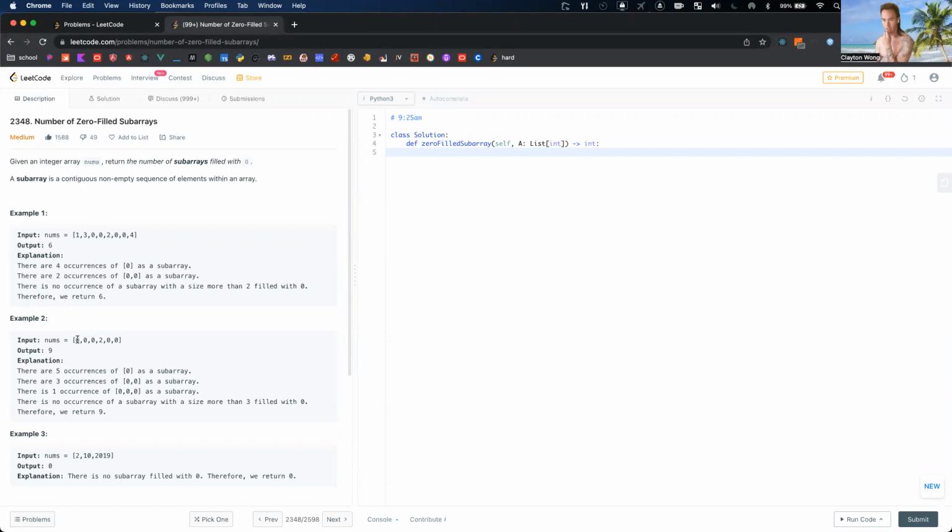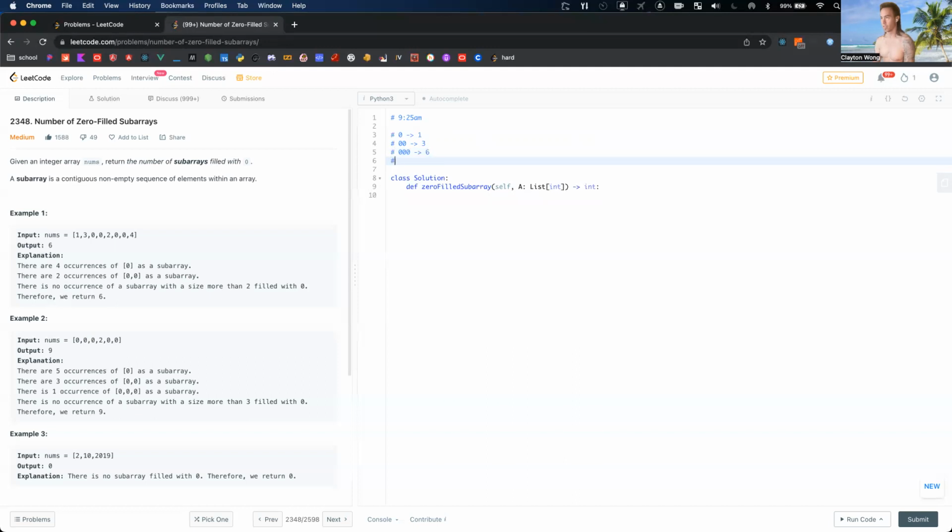One, two, three, four, five, six. So 6 and 3. 3 becomes 6. 2 becomes 3. 1 zero is 1. 2 adjacent zeros becomes 3. 3 adjacent zeros becomes 6.